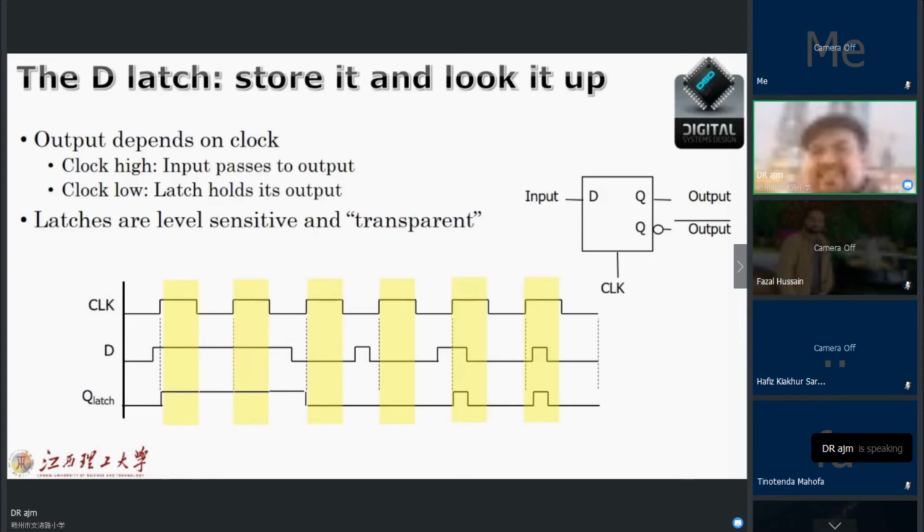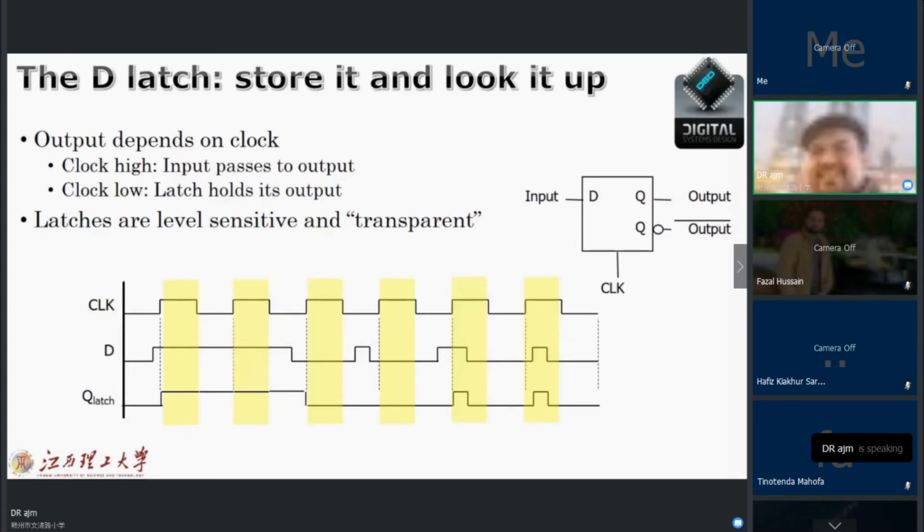It means that whenever you have the clock high, it will pass whatever the input is, and whenever the clock is low, it will latch or hold its output. Latches are level sensitive and transparent.